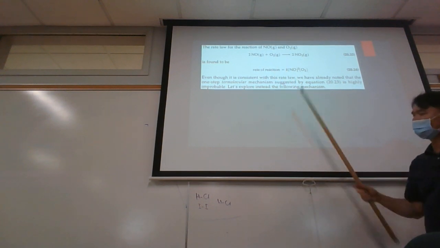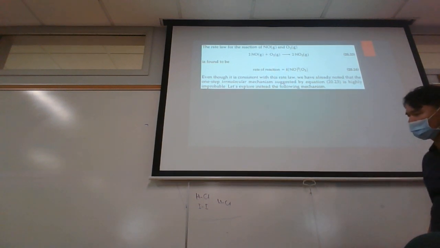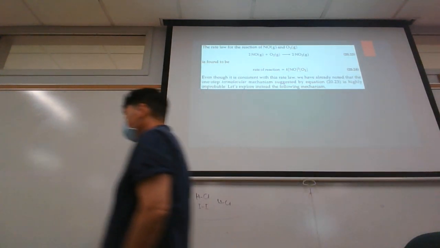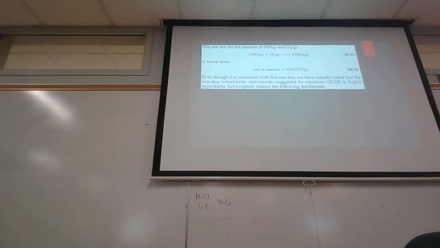Maybe bimolecular. So if we have bimolecular, we have two different choices. Then what we can have is, let's say, two NOs colliding or an NO and an O2 colliding. So let's try an NO plus an O2 colliding. What do you think that might form?